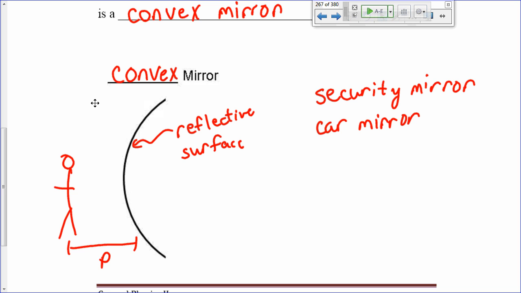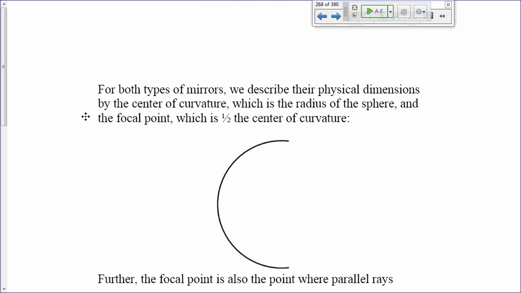I'll just show you this one more thing, and we'll stop at the mirror equation, which we'll pick up next time. So for both types of mirrors, whether they're concave or convex, we're going to describe a couple of things. Remember, we're taking these out of a sphere, like I've cut these things out of a sphere, or a slightly lopsided sphere, as you will. But a sphere is defined by a radius.